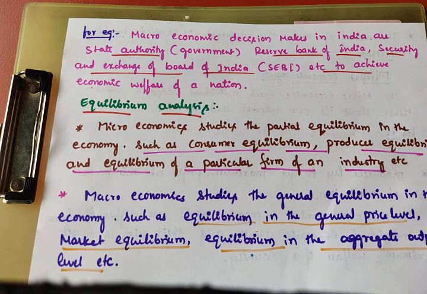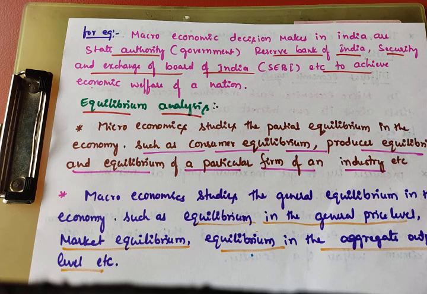These are all macroeconomic agents, because macroeconomics always thinks about the welfare of the people and the wealth of the nation, but microeconomics thinks about themselves. A consumer tries to get maximum satisfaction at lower prices, and a producer wants to maximize profit at less cost of production.